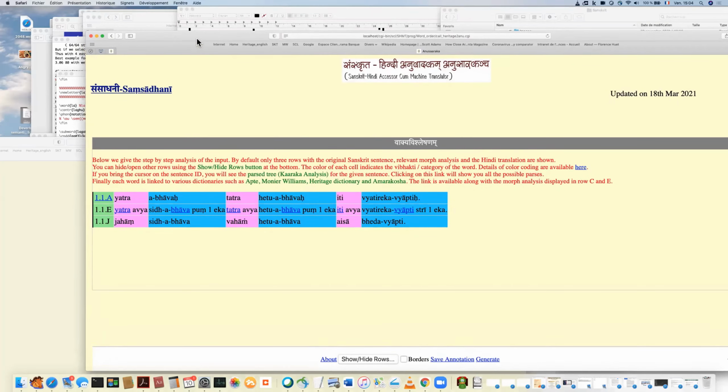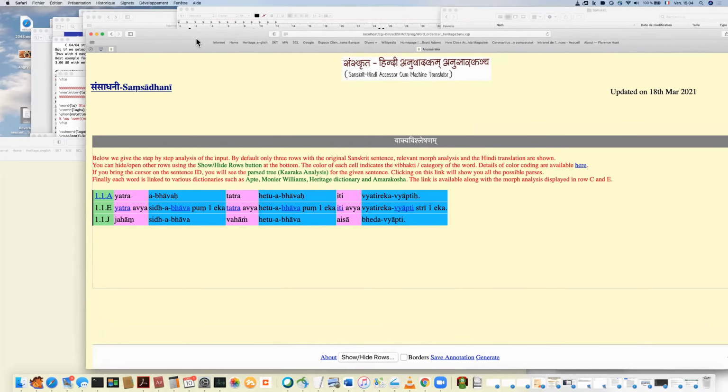For example, the 4th sentence in my Vikramarka Katha. No, that one you need to try on segmenter, not on Samsadhani. If you try on Samsadhani, you may not get solution for very big sentences.